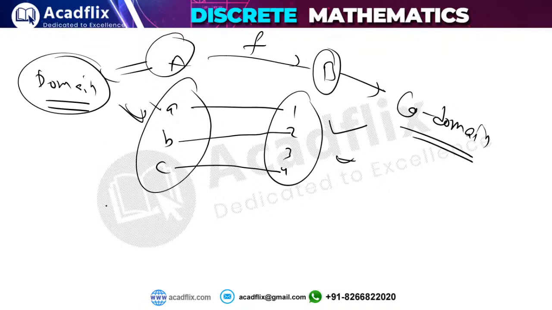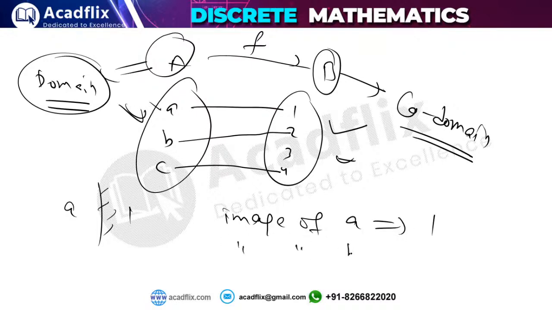So if I ask you what is the image of A, the image of A is 1. Image of small a is 1, image of small b is 2, image of small c is 4.